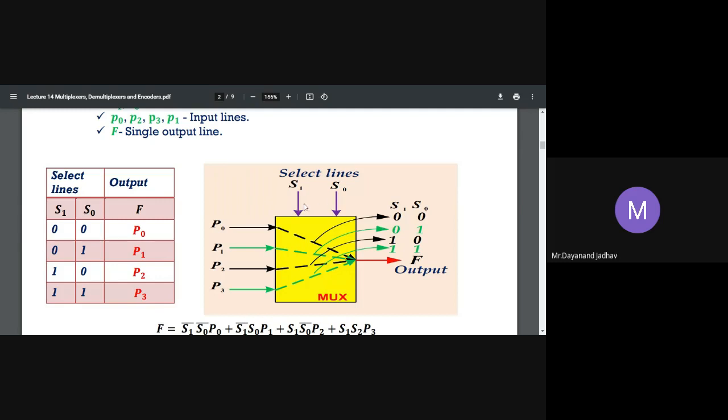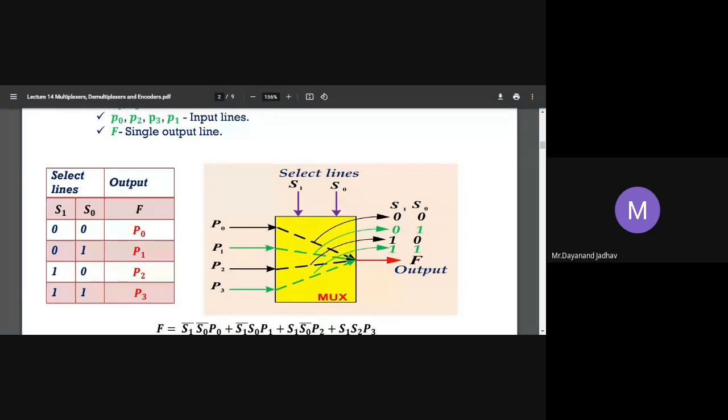These are the select lines we consider for the multiplexer. 2 raised to 2 is equal to 4, and there is only one output, F. Suppose S1 S0 is 0 0, then P0 is selected in the output. F is equal to P0 means P0 is selected in the output.